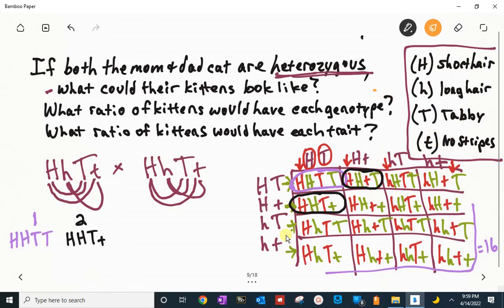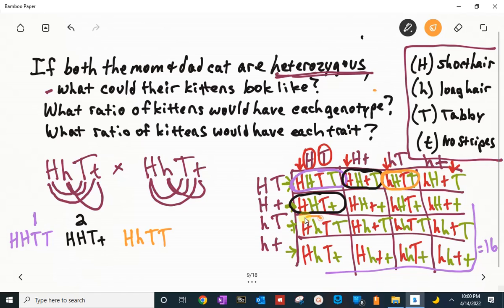Now let's look at the next one. We're going to have a lowercase h and a capital H. We're going to have heterozygous for the hair length and 2 dominant capital T's for the stripes for tabby. So that is a capital H and a lowercase h and 2 capital T's. So let's go through these squares and find all the squares that have the same combination.